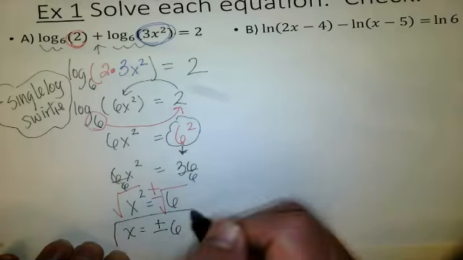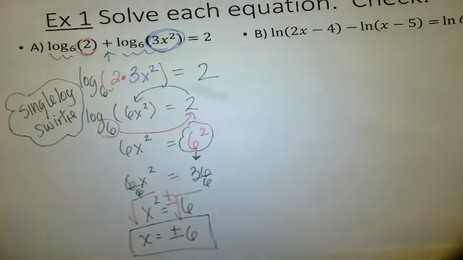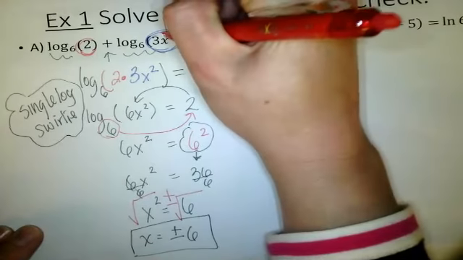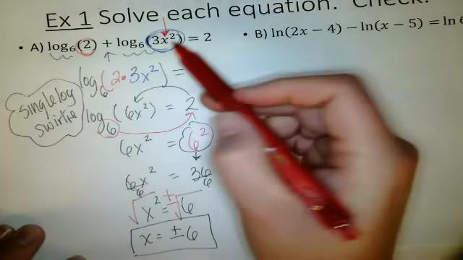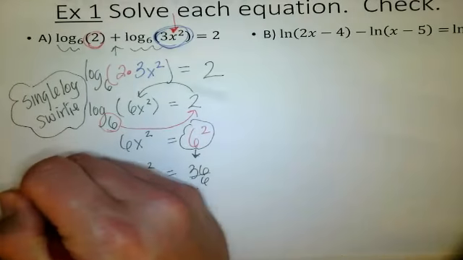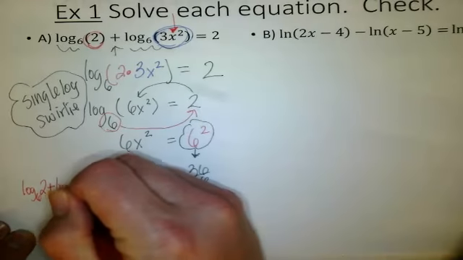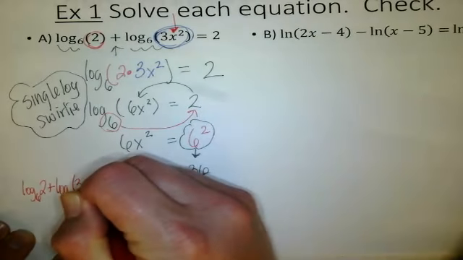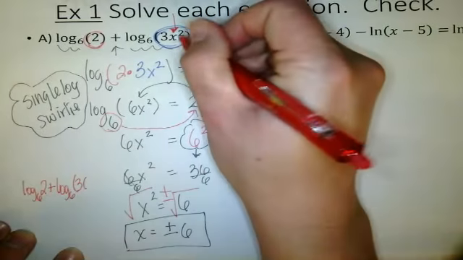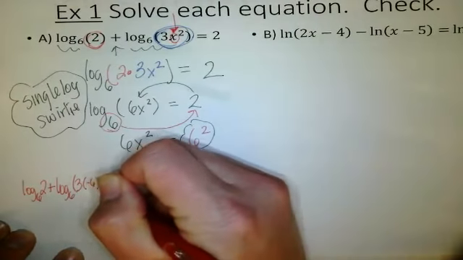Both of those answers happen to work. And the reason I know that is because if I were to check, I would plug the x value back into the original. Log base 6 of 2 plus log base 6 of 3 times, in place of my x, I'm going to put my negative 6 and square it.